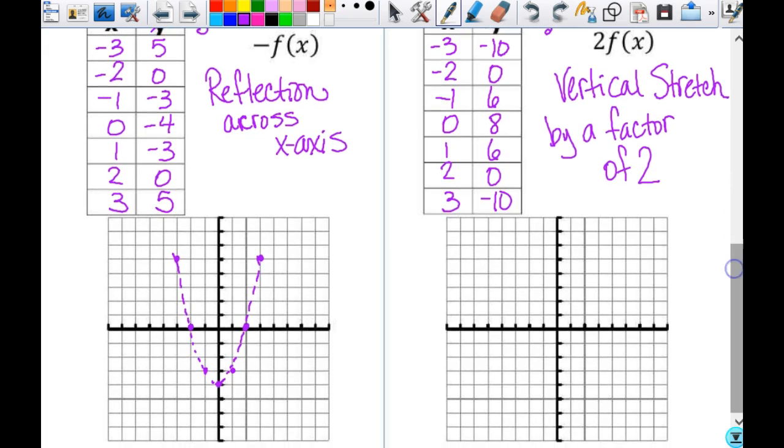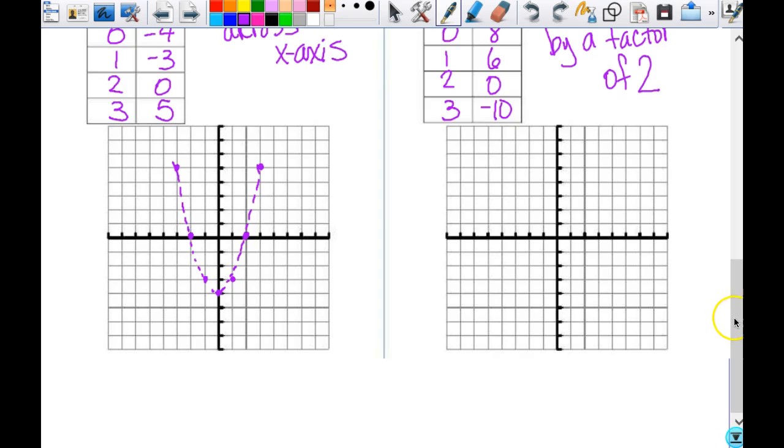So then we can plot that. Go to negative 3. I think you go off your graph a little bit. So negative 3, negative 10, 2, 4, 6, 8, 10. Just kind of eyeball it. And then negative 2, 0. Negative 1, 6, 8.